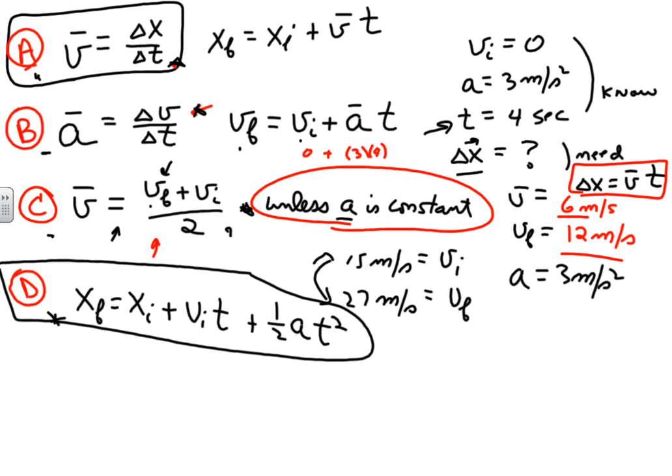And so the answer is 6 meters per second V average times the time, 4 seconds. That's delta x. So how did I find delta x? I used equation A, but I combined it with equation C to get V average, which I needed to put equation B in there to get V final, to get V average, to get delta x.